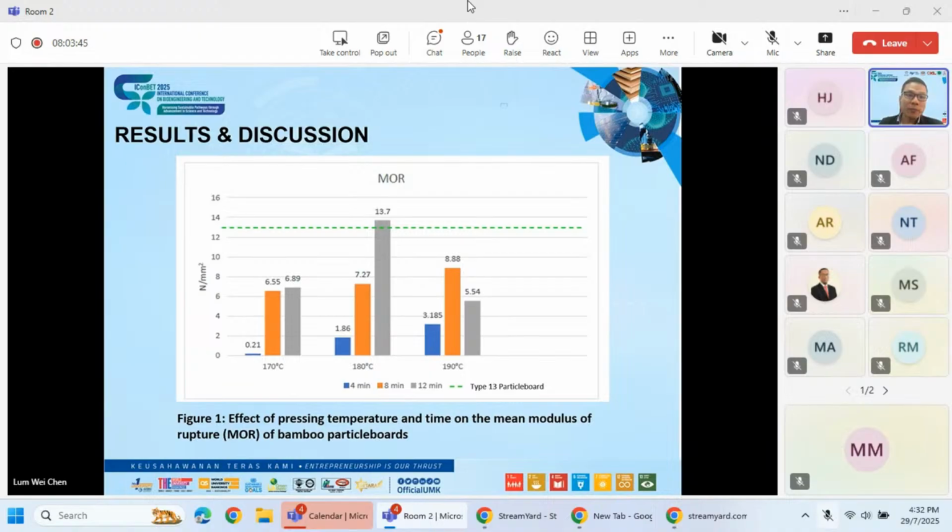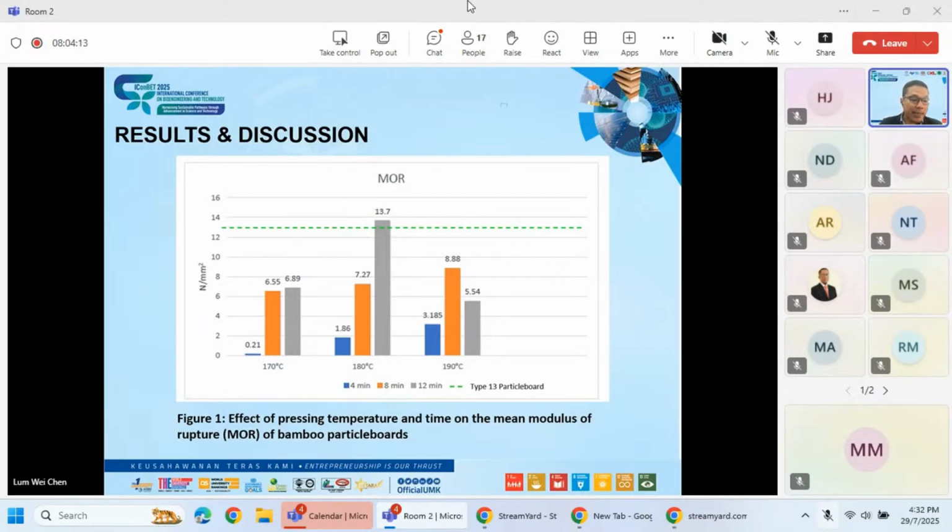All right, so this is just to show you the graph. This is the effect of pressing temperature and time on the mean modulus of rupture of the particle board. So if you see here, the green dotted line is the requirement stated in the standard. In our research, we are referring to the JIS standards.